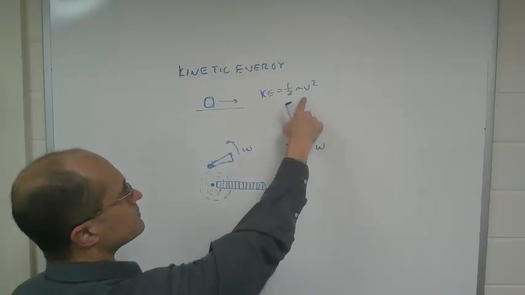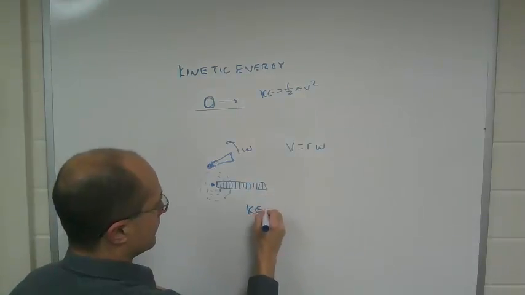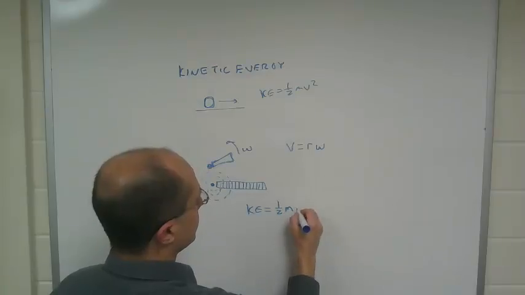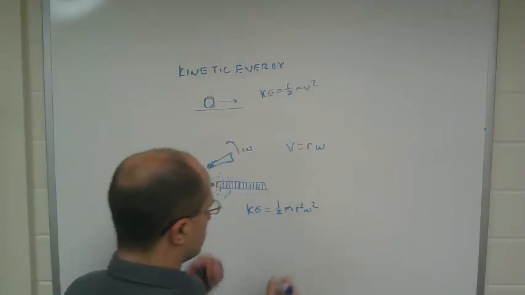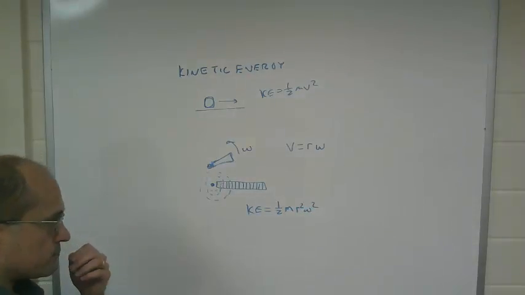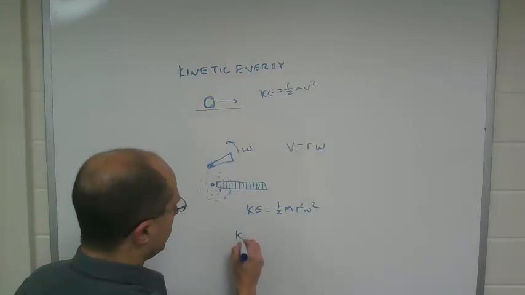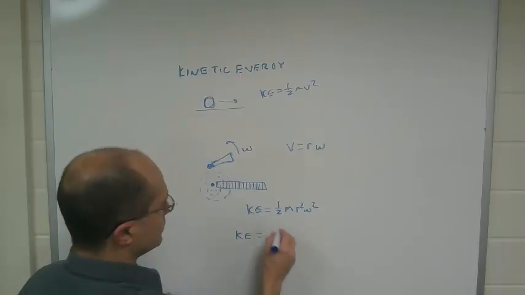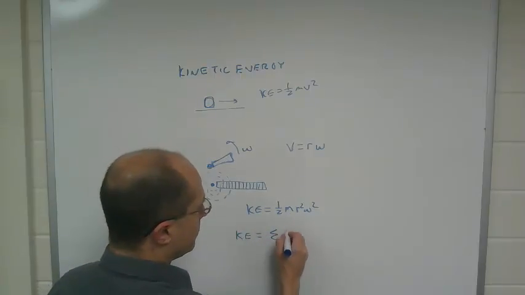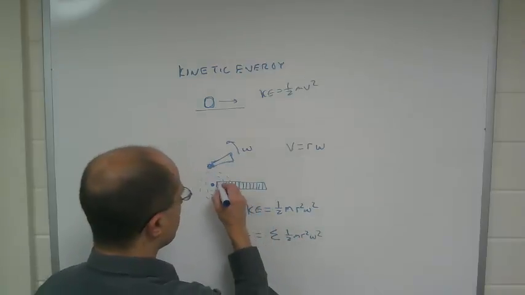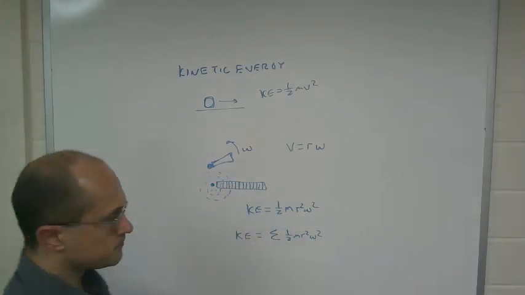What we know is we can use our relationship that KE is 1/2 m r squared omega squared. Now, if we have all these little pieces and we want to add up the kinetic energy, we just add up the 1/2 m r squared omega squared for each little block.